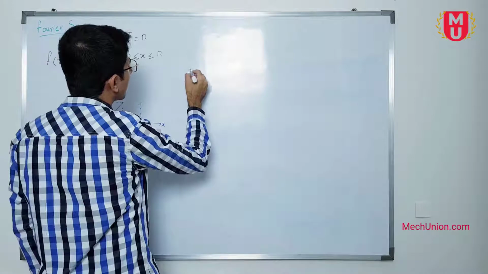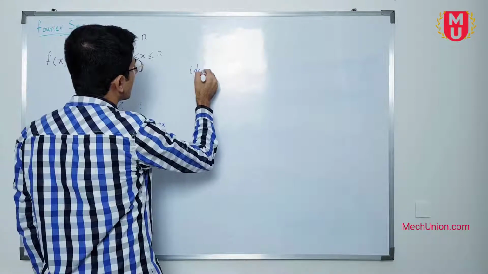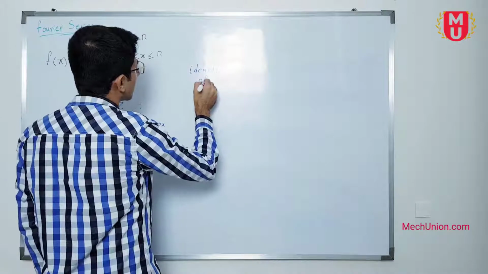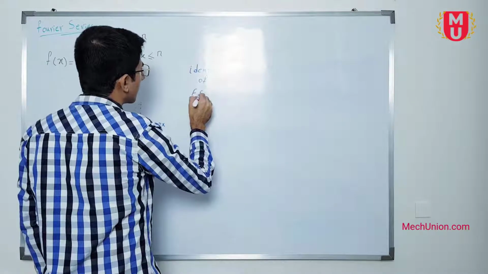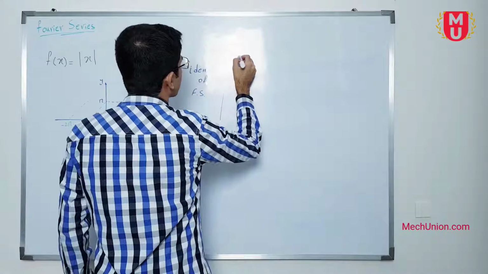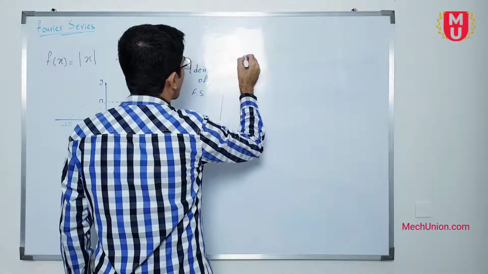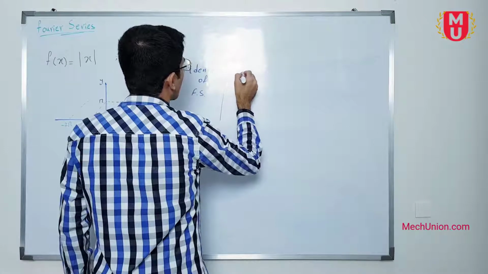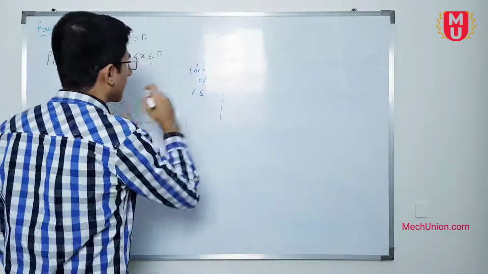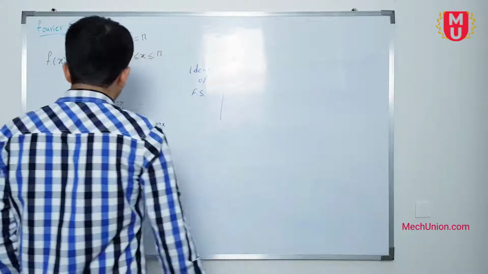Firstly, we should write down the identity of this Fourier series. It's T equals pi, L equals pi over 2, and that's it.